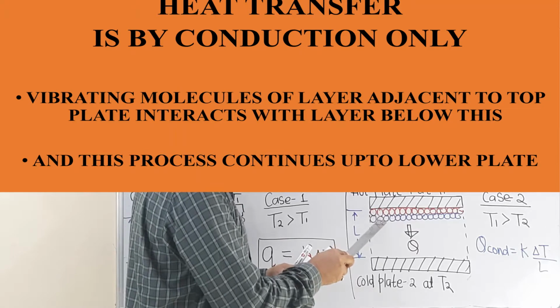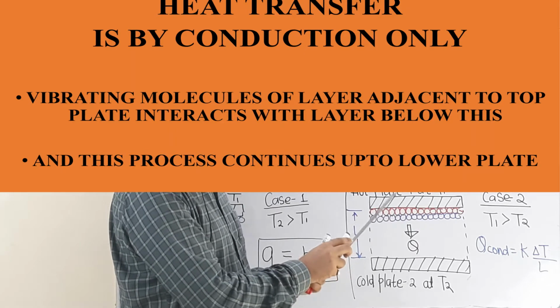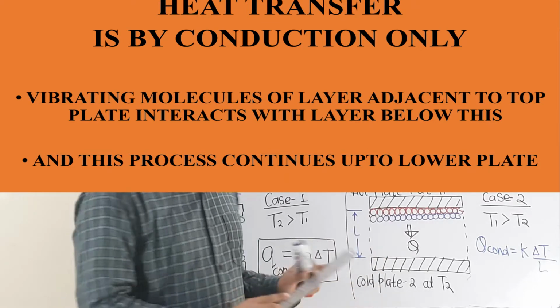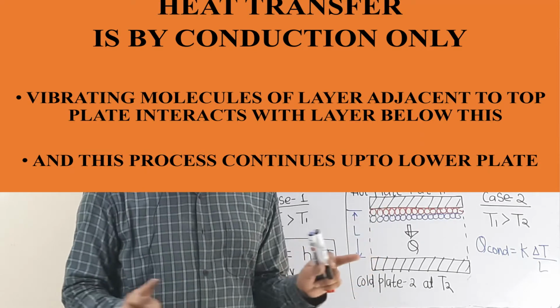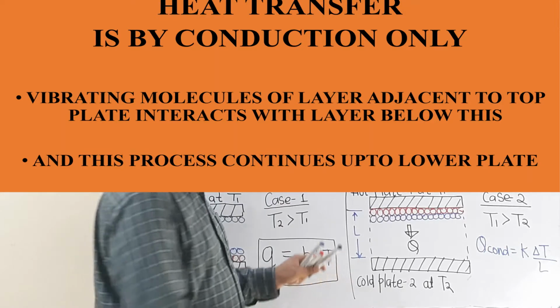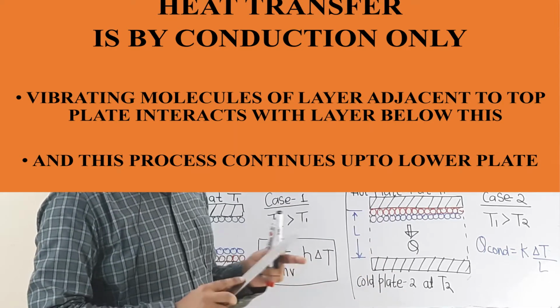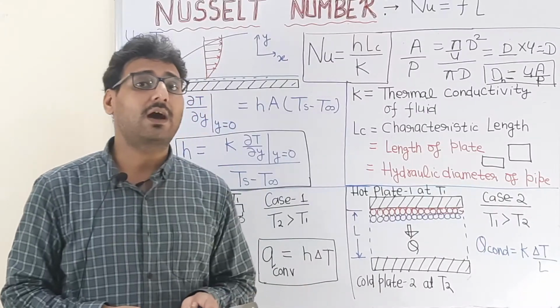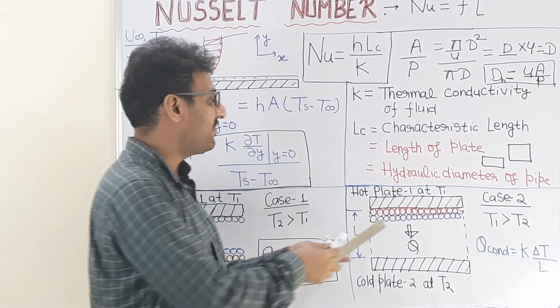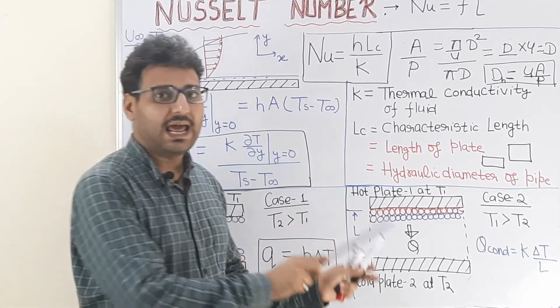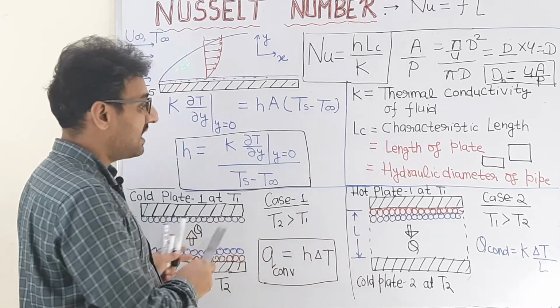Again, this layer will transfer heat by collision and by disorganized motion to another layer. Because in this case there is no bulk motion of the fluid, the heat transfer process is basically conduction. And we already know from basic understanding that the heat transfer rate in the case of fluid by conduction is very less as compared to convection.